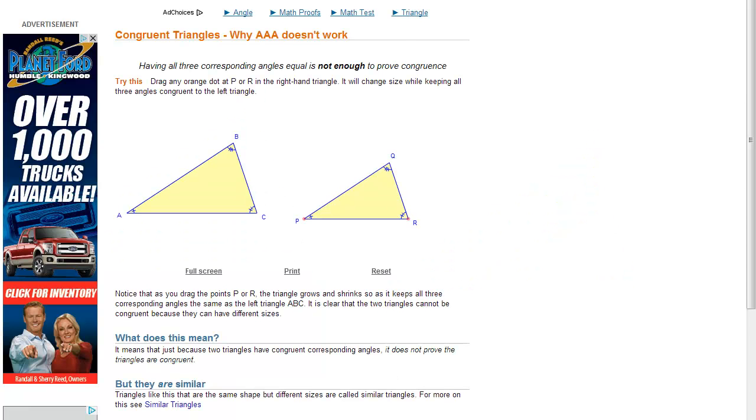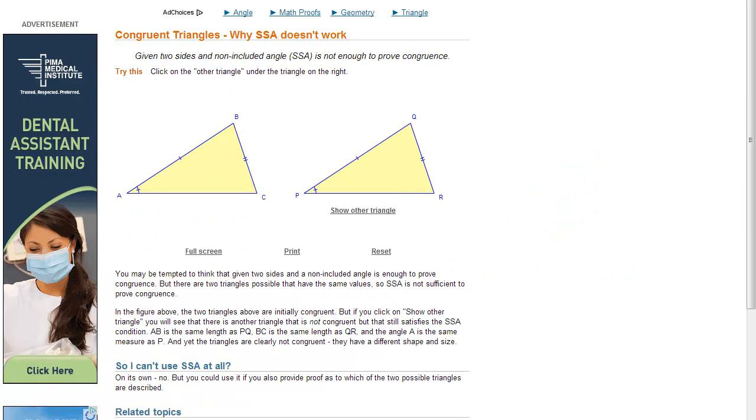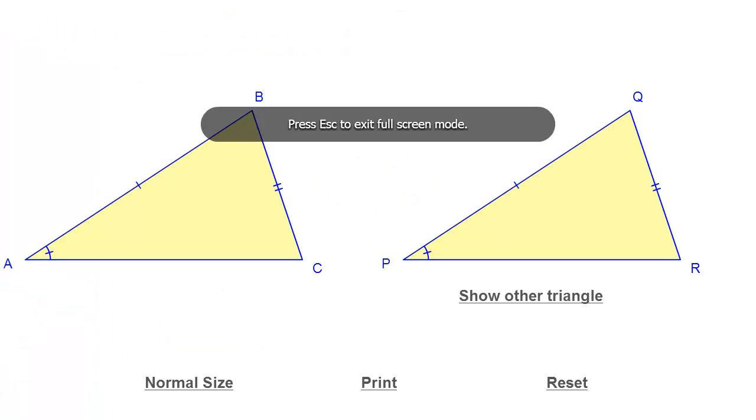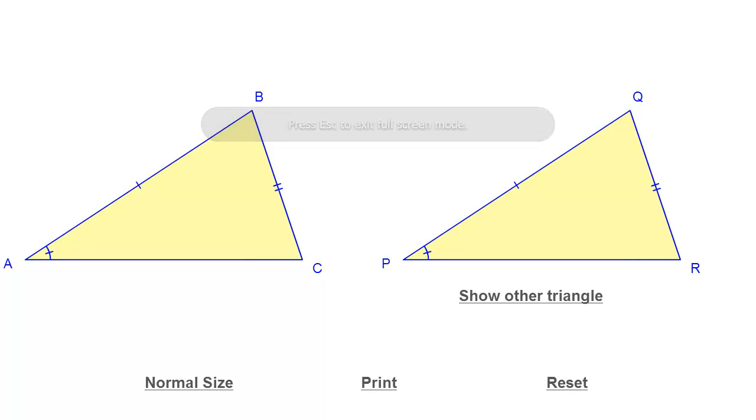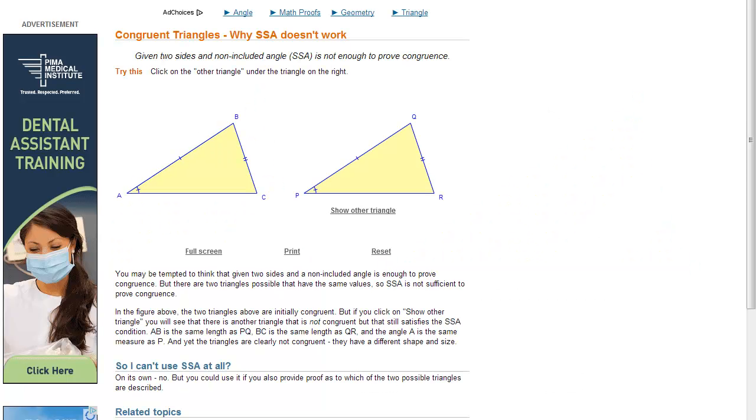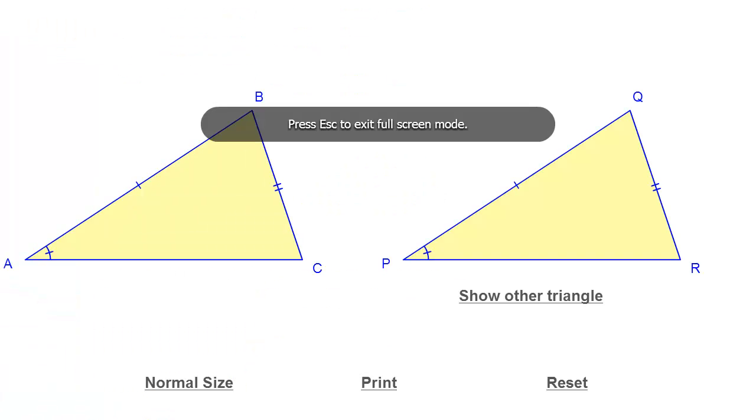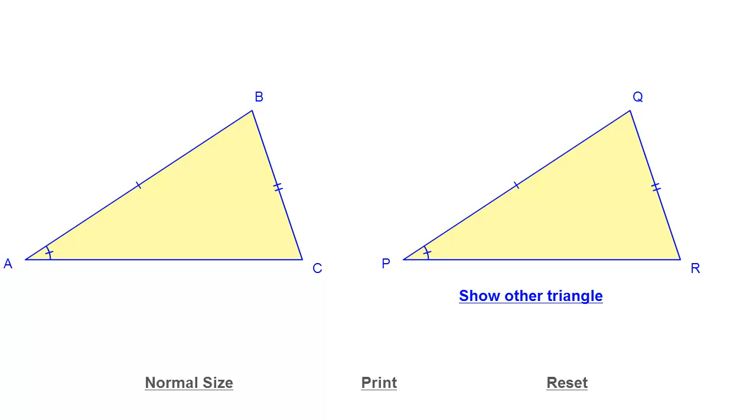The other one that does not work, and this one might make you giggle, is side, side, angle. See, it says side, side, angle. Now, read it backwards. We always say that there is no ass in math. And I apologize if that offends somebody, but that is the best way to describe it. So we know that this angle and this angle are the same in both triangles.